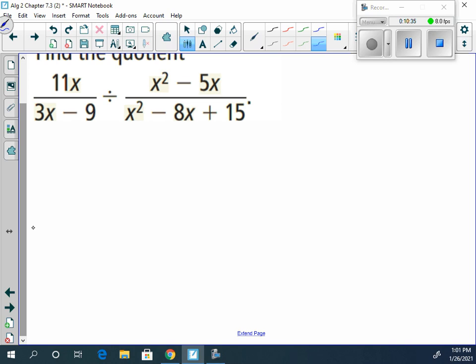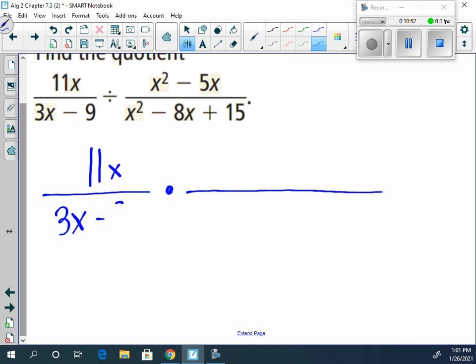Now, again, we're talking about division, but we don't really divide fractions. So what can we do? Change it from division to multiplication. The first rational expression is not going to change. Our second one is going to flip.